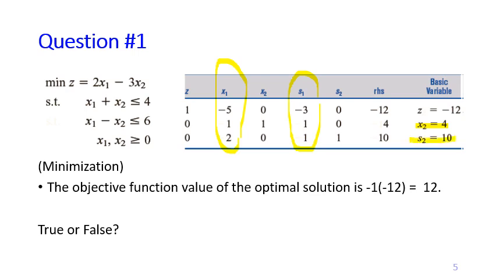Now I have a statement that says the objective function value of the optimal solution is -1 times -12 here, so the z value for the optimal solution is 12. Is this true or false?